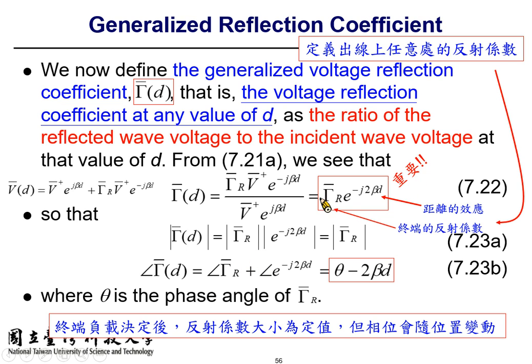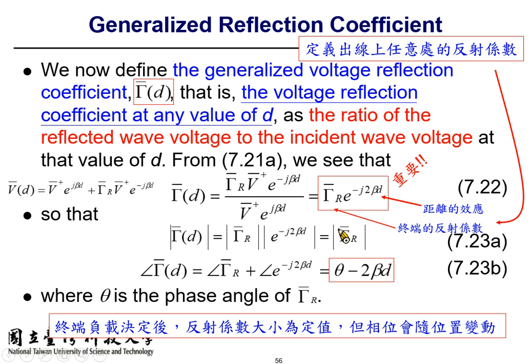And the gamma D in general, the phase, so this is the magnitude of gamma D. This is the magnitude of gamma as a function of D. Note that it equals the magnitude of gamma R. Why? Well, there is an assumption that we need to make before we proceed with the discussion here.